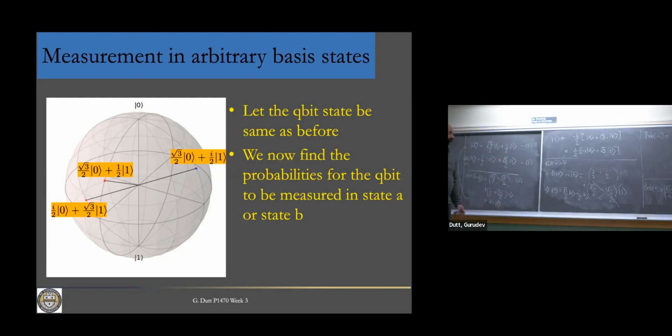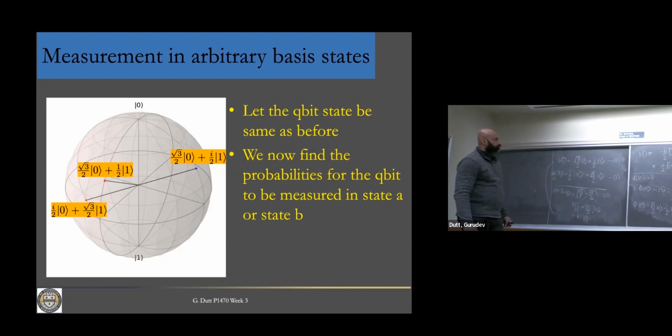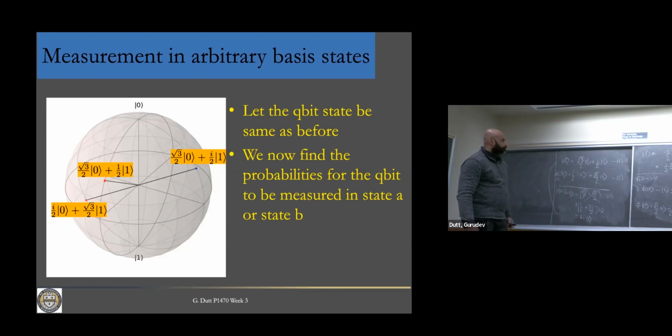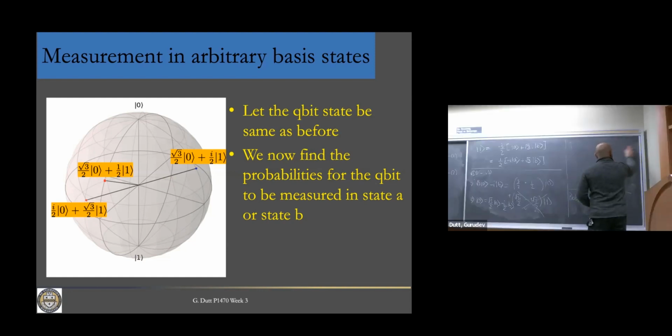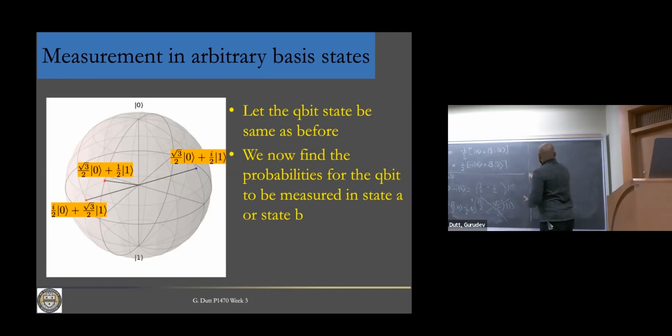Okay, everyone okay with that? And now that we have done that, the rest of the procedure is exactly the same as the previous 3 cases. We substitute for 0 and 1 into the state psi. State psi, if you remember, was just root 3 over 2, 0 plus root 3 plus 1 half 1.